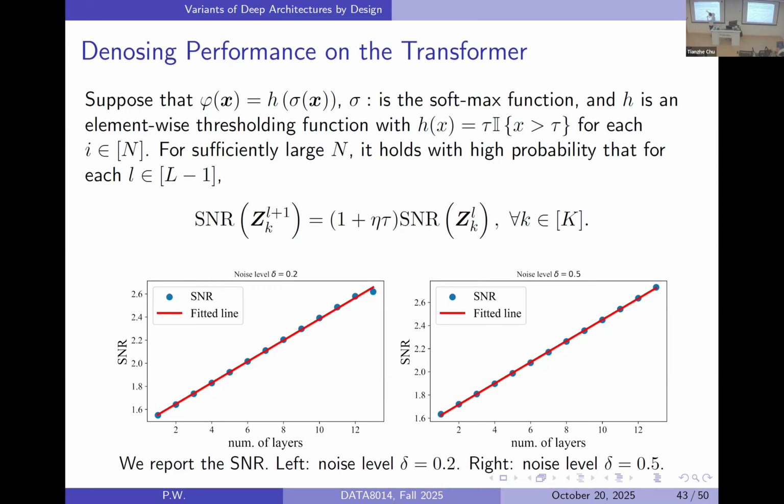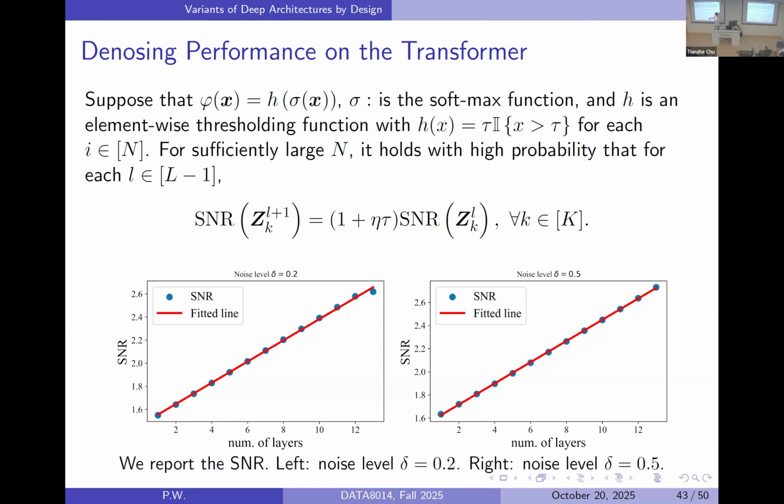This eta is the step size, tau is this specialty. That means the signal-to-noise ratio is layer-wise increasing. Each layer of our constructed attention-only transformer is doing denoising, and this denoising performance can be proved by this equation, by this theory.